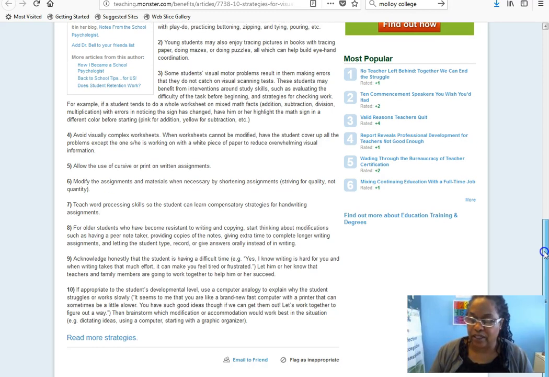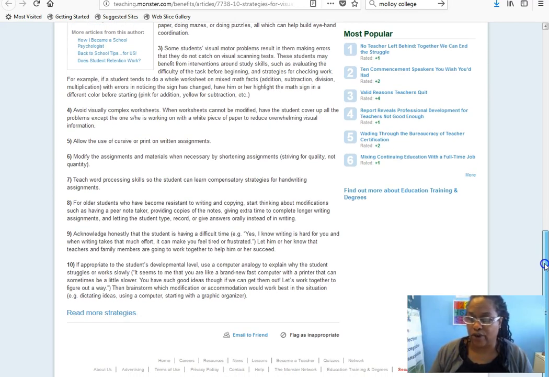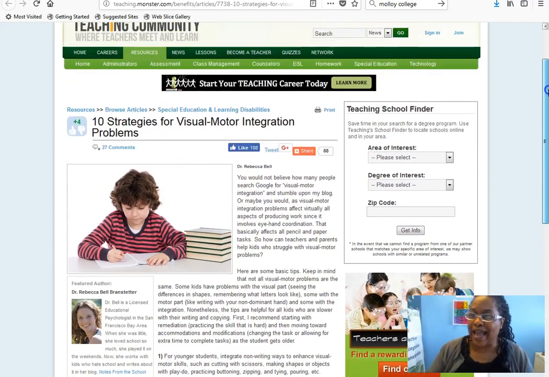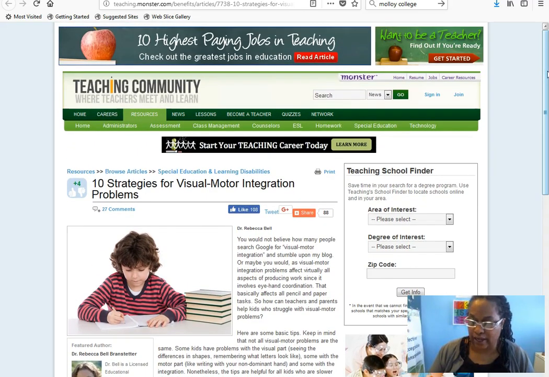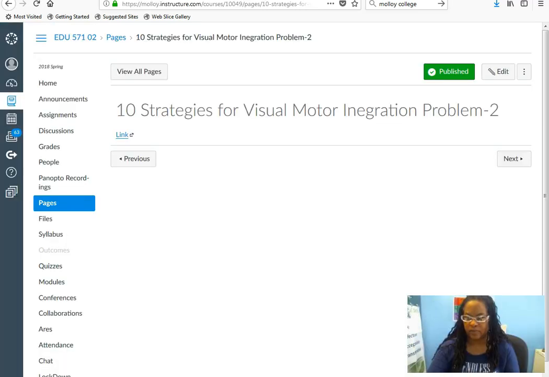So please read through this. There are plenty of strategies, and you can click on more strategies as well. The actual assessment that we are going to look at is the motor-free visual perception assessment. After looking at the strategies for visual motor integration problems, please look at the other links on Canvas, where you will look at how one test, the motor-free visual perception test, is administered.